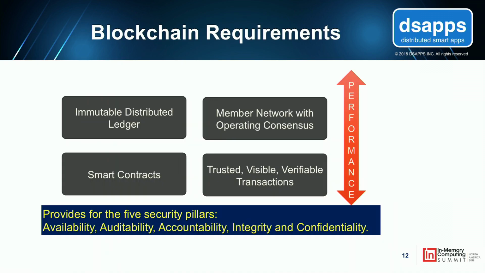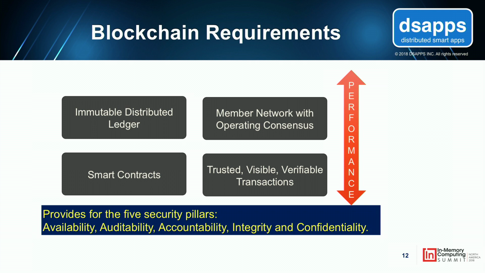So the requirements of blockchain: you certainly need an immutable distributed ledger. You need a member network who have a consensus mechanism, a way by which they can agree. Different blockchain networks have different techniques. If it's public versus private, public, like Bitcoin and so on, there's something called proof of work.